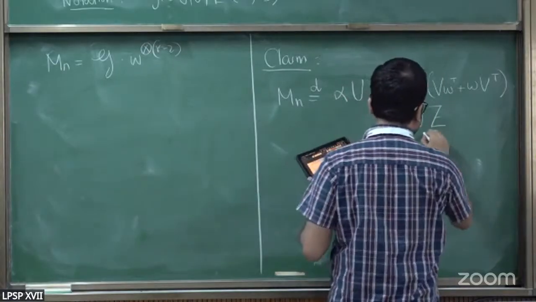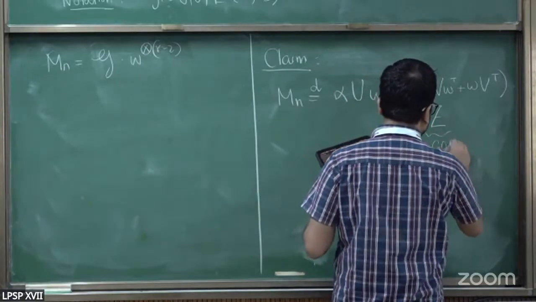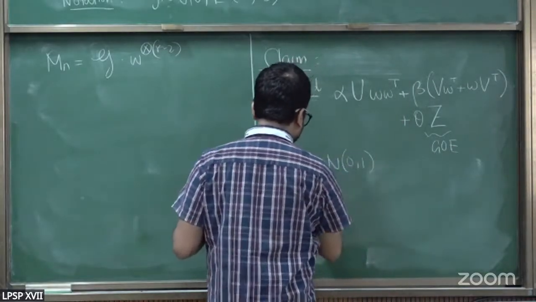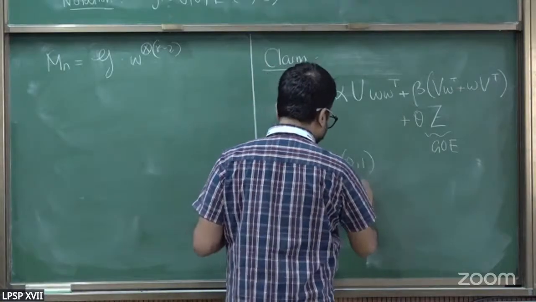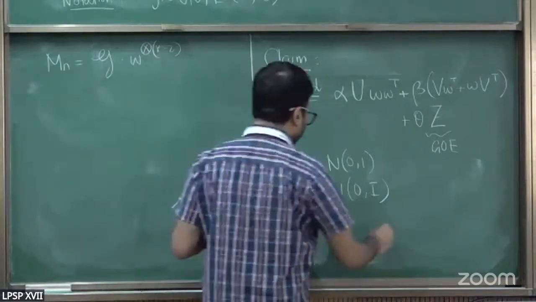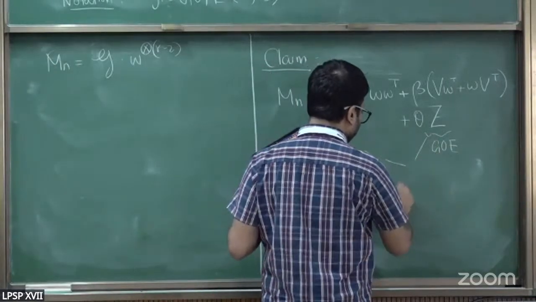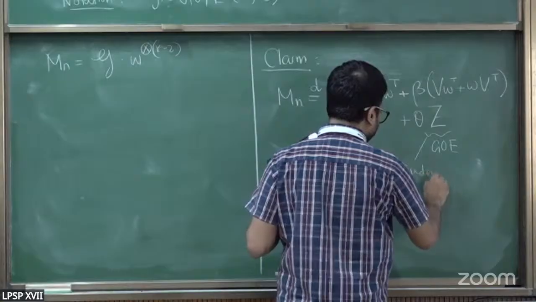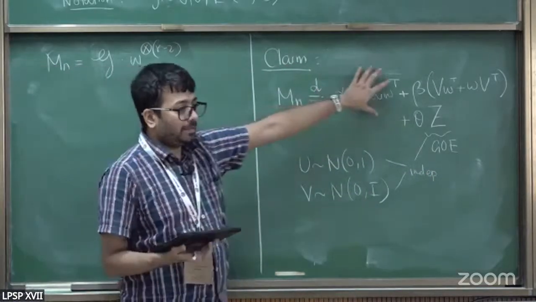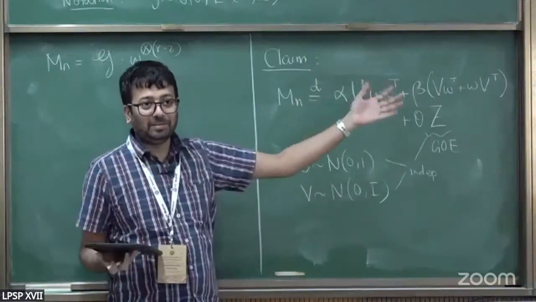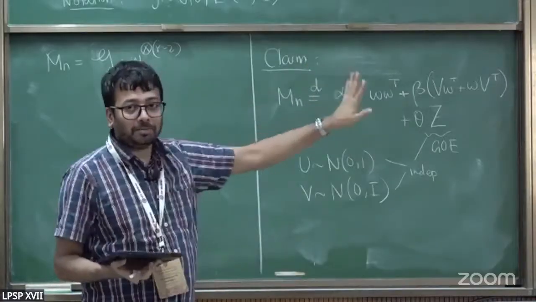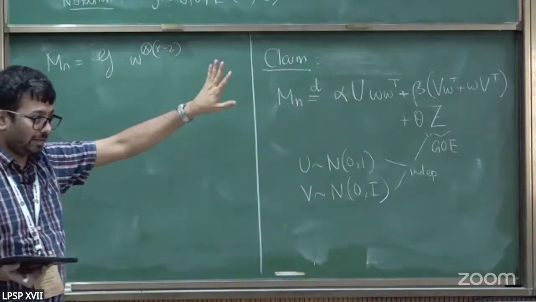Z is a GOE, U is normal 0,1, and V is a standard normal vector of dimension n, all independent. Once you have this representation, you can do what you did with the hypergraphs. For the fluctuation, you have to work a little more, but you can derive this.